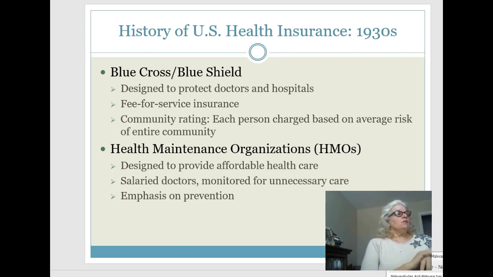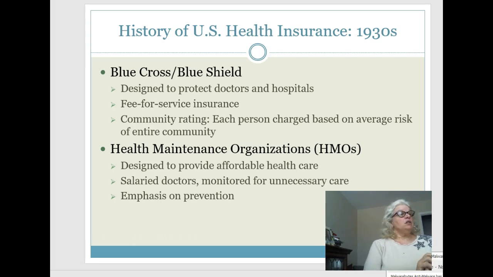Now, insurances are very, very different depending on what policy you have or what product you're using. And some are very much tied to health maintenance organizations. These became very popular as we start to see the system becoming expensive, but health maintenance organizations were designed to provide affordable care for families.